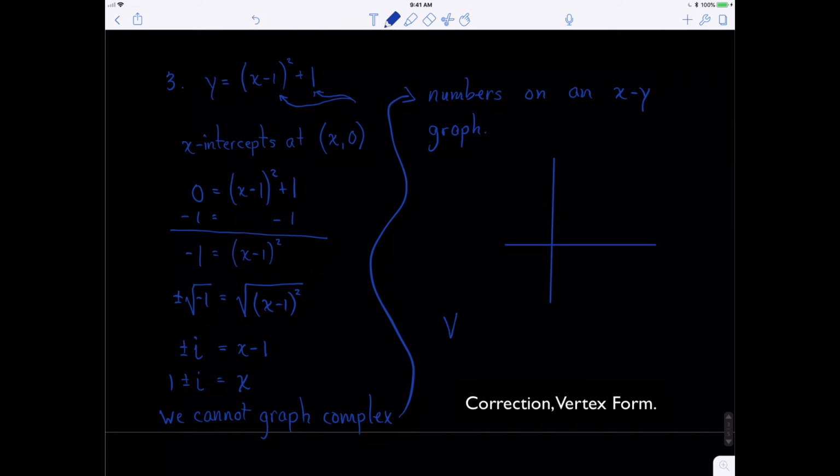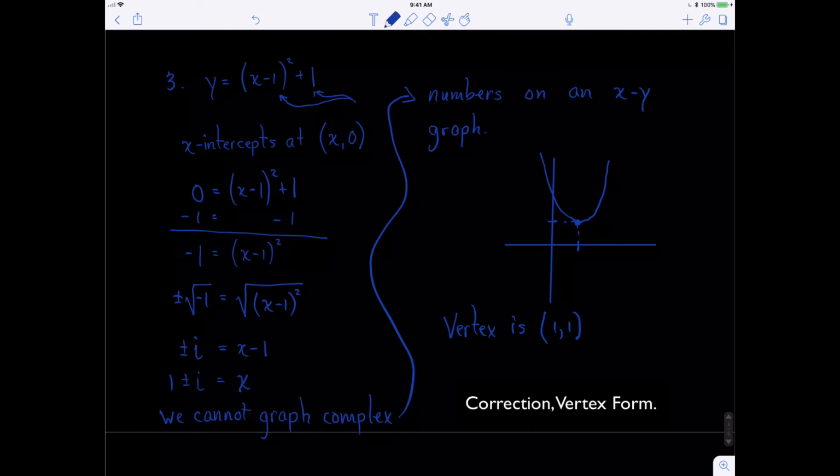So our vertex is the point 1, comma 1. If I was to go over 1 and up 1, that's my vertex. And this parabola will actually open up.